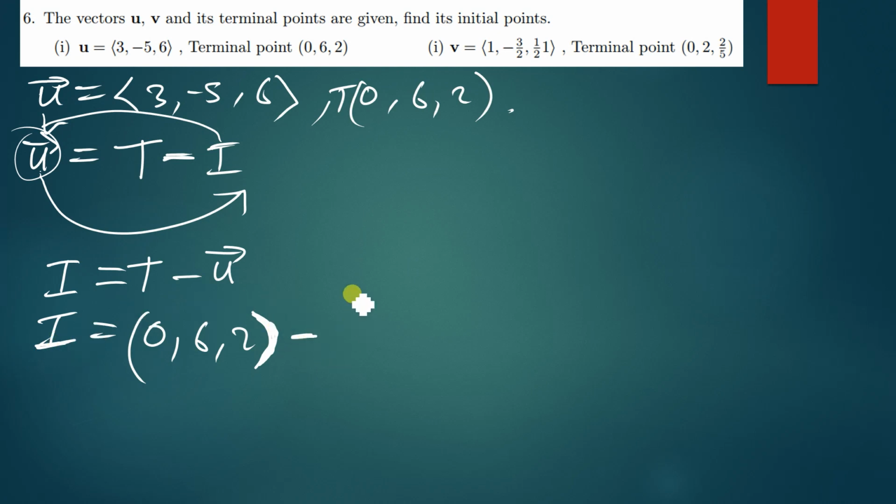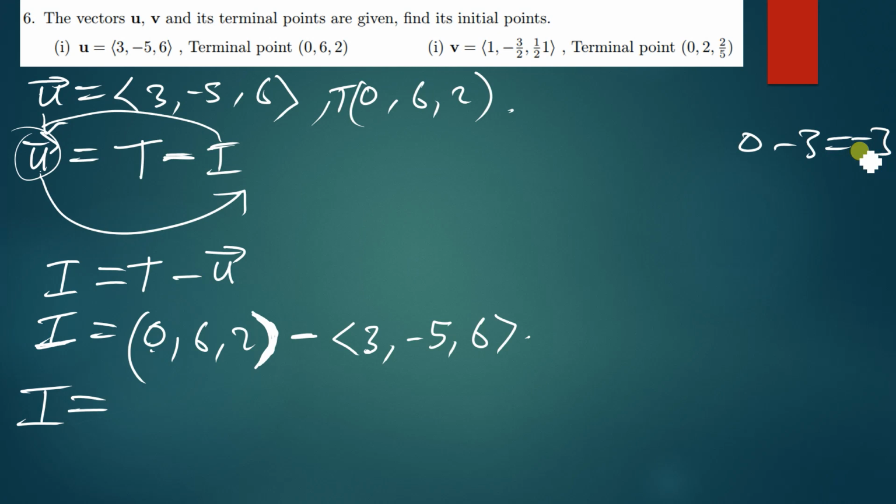Then we have to subtract the vector from this. The vector has been given as (3, -5, 6). So the initial will therefore be equal to, we subtract the corresponding components. So it says 0 minus 3. 0 minus 3 gives us what? -3. So we put -3 there.